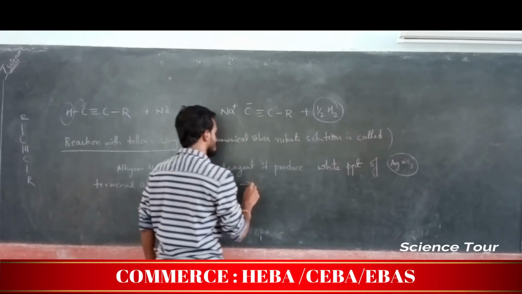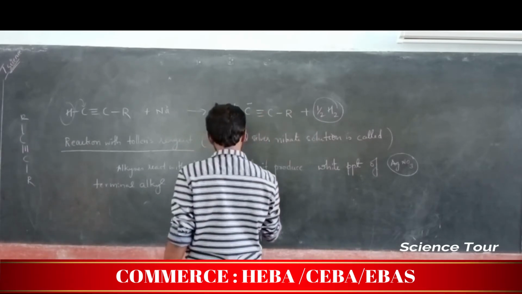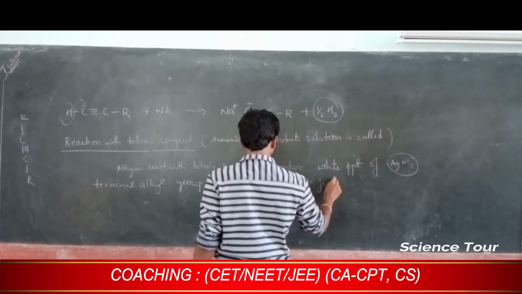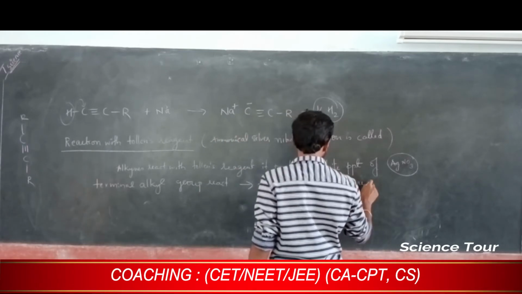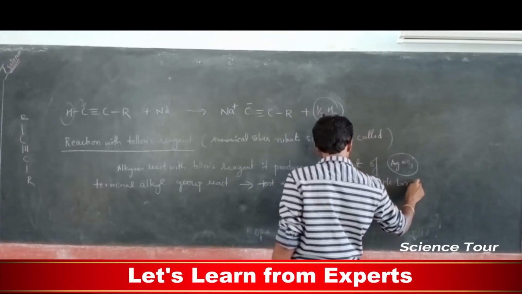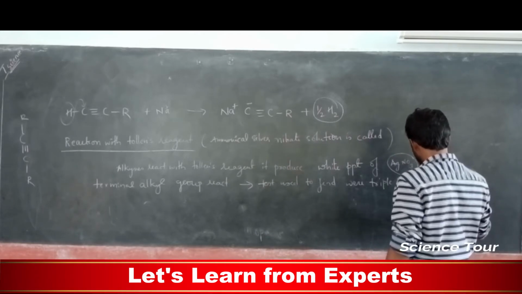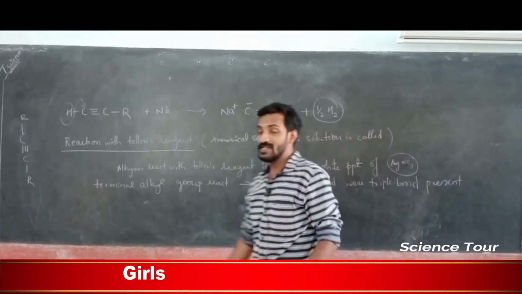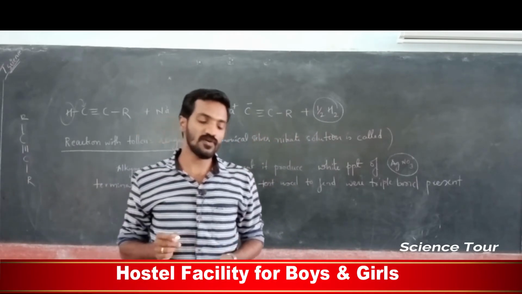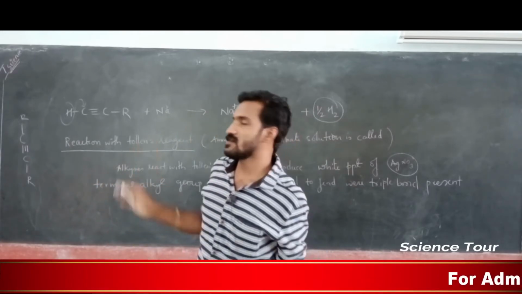This test is used for finding where this triple bond is present. Understood? To find between which carbon atoms this triple bond is present, how to find that out? Using this reaction. Understood?